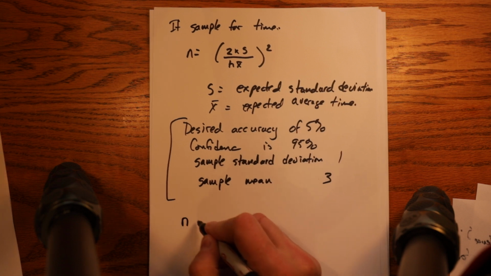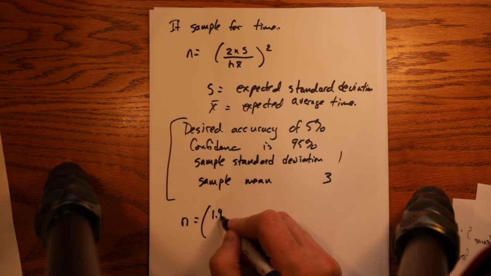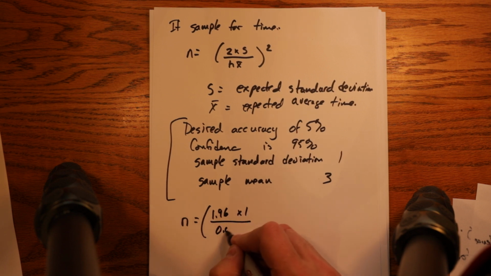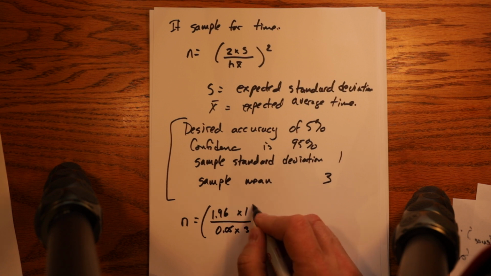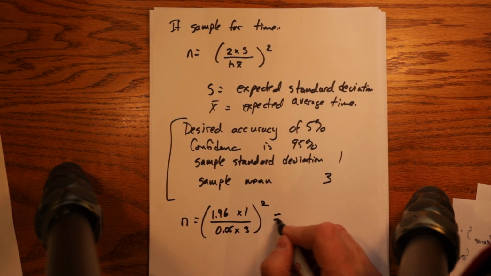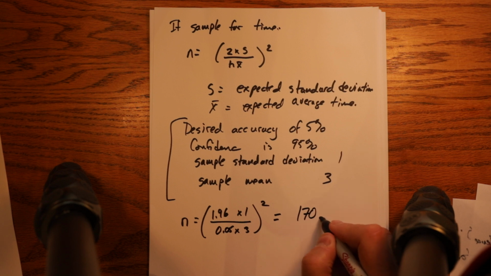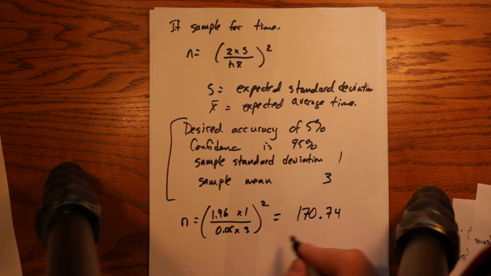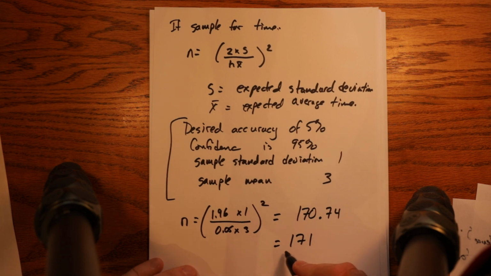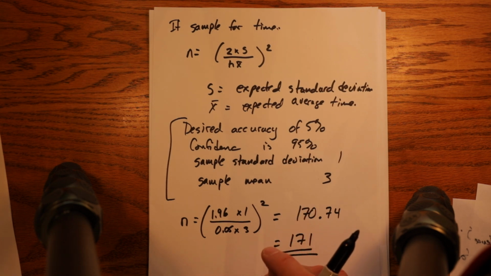You would then plug it in. N is equal to (1.96, which is Z, times 1 over 0.05 times 3) squared, which is equal to 170.74, so 171. So you would have to record how long it takes 171 times to get an accurate measure of the average time.